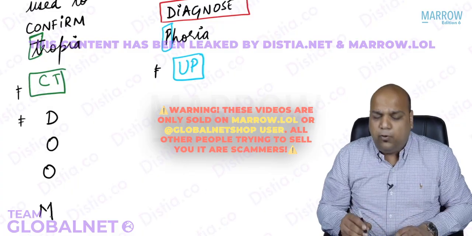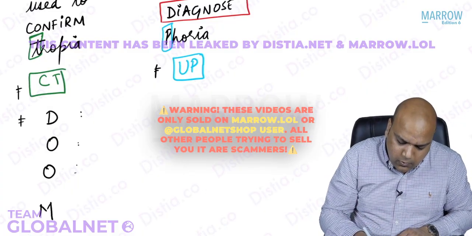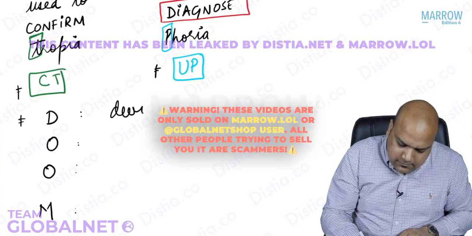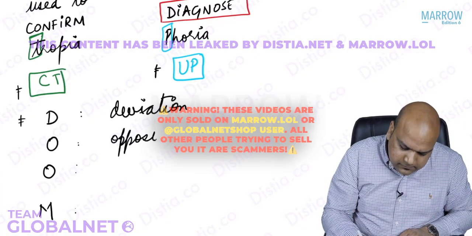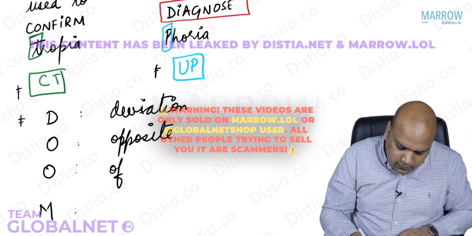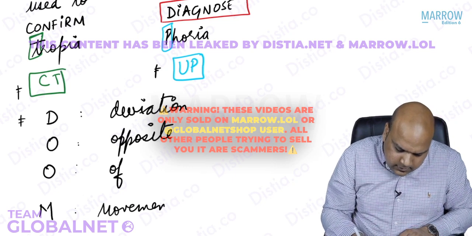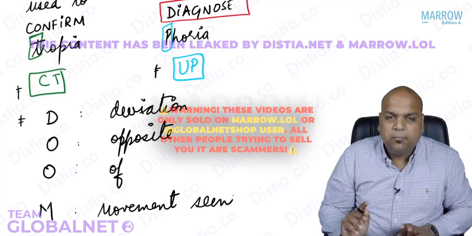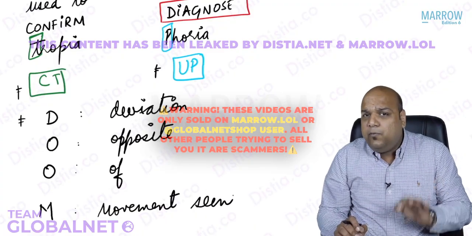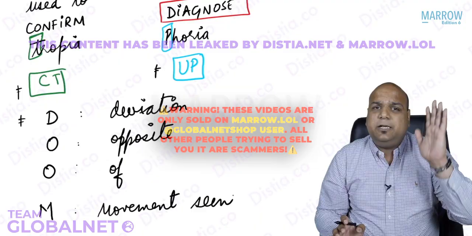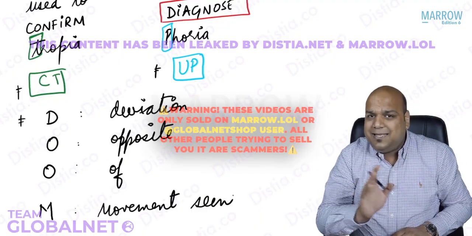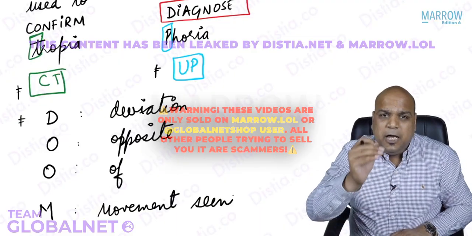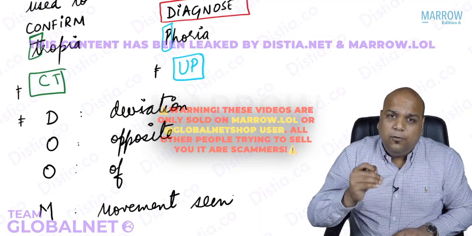And then based on that, I form a mnemonic. DOOM. D-O-O-M. Deviation is opposite of the movement seen. Wherever you see the eyeball moving, the deviation is always opposite to that movement. Okay. 3 mnemonics I'm using. Cover test, tropia, CT, uncover test, phoria, UP, DOOM, deviation opposite of movement.